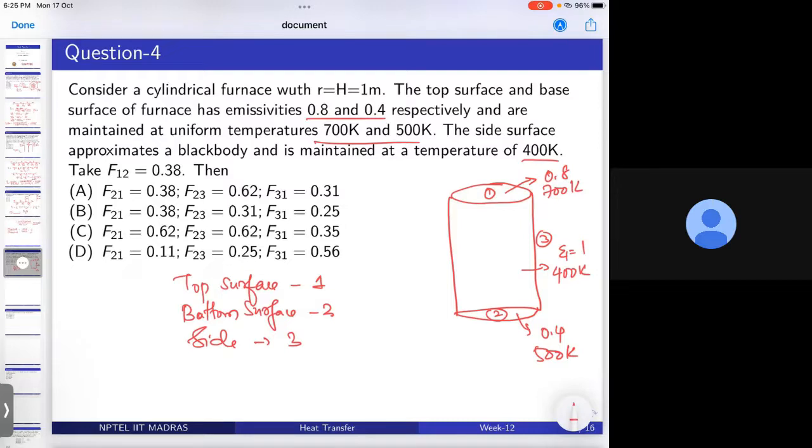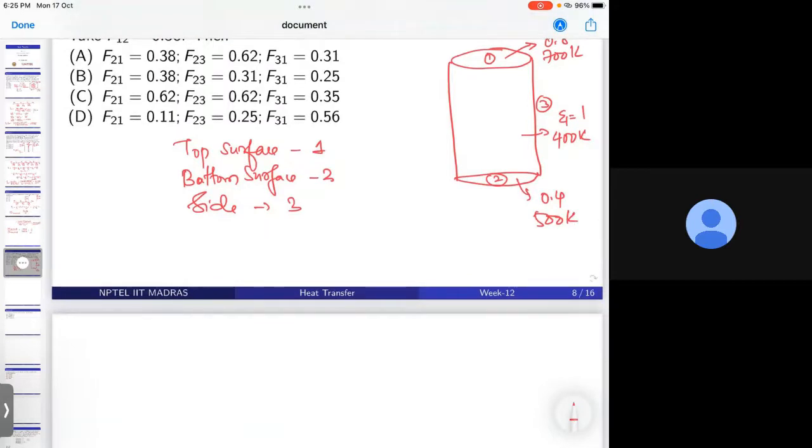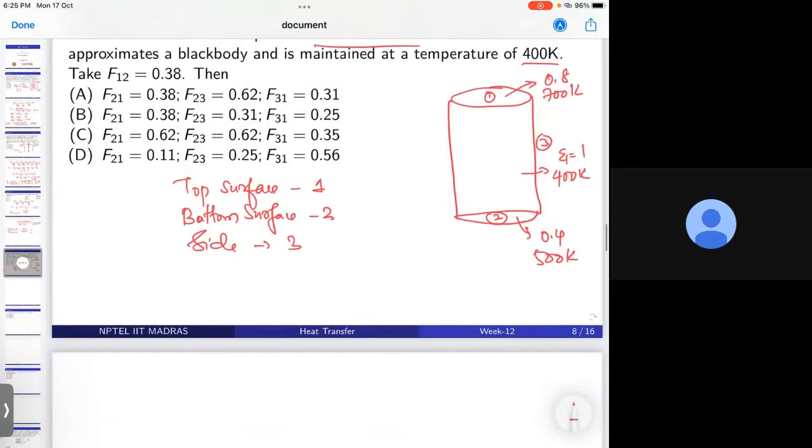So we are asked to find out the view factors. First, we need to find out F12, F21, F23, F31. Okay.